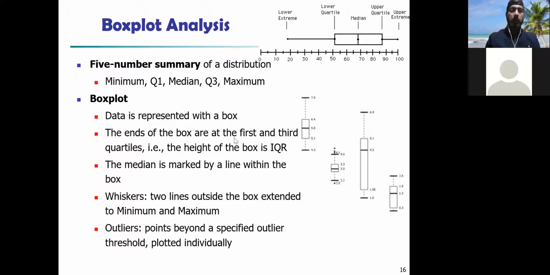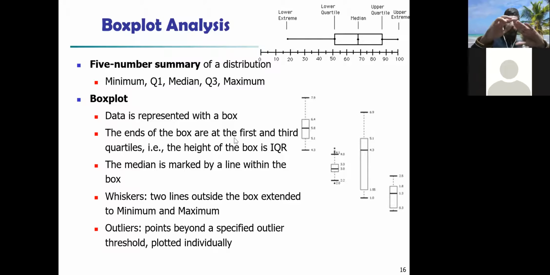So a box plot is a visual description of the 5-number summary. As I said, the 5-number summary is computed for each attribute separately, and it consists of the minimum value, the Q1, the Q2, Q3, and the maximum value. And box plot basically shows this pictorially in a graph. If you look at the graph, there's a box.